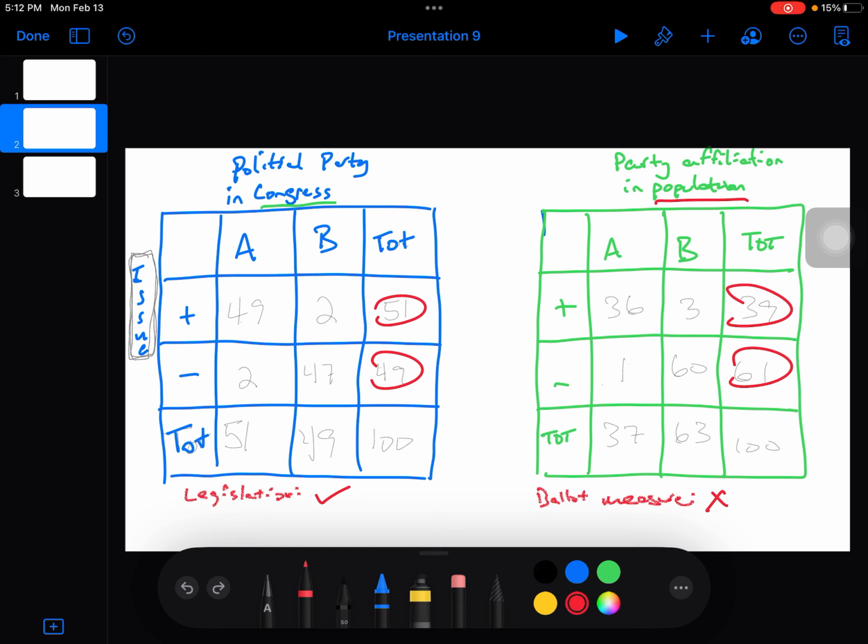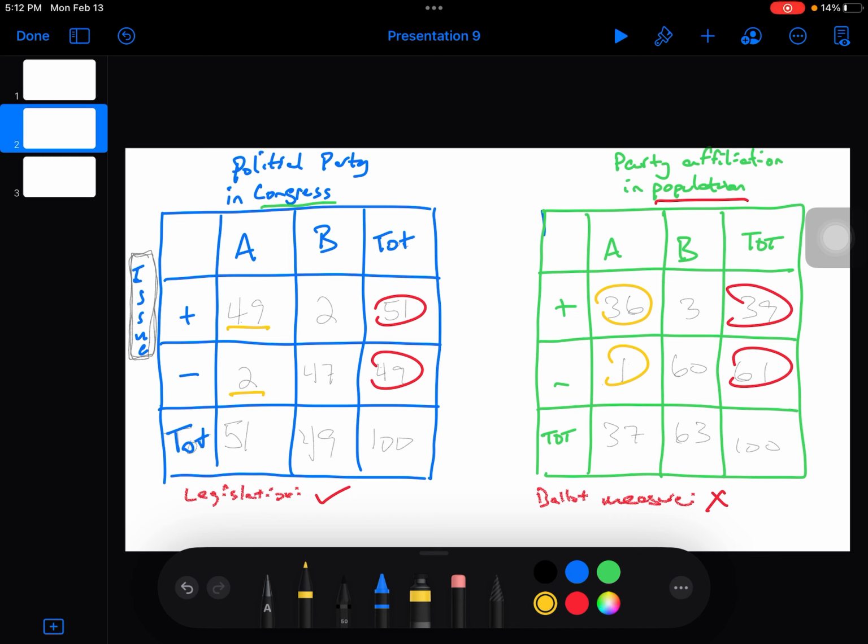Compared to, let's look at the population. Looks like 36 to 1 people in Party A favor this thing, which is roughly proportional to what you see in Congress.